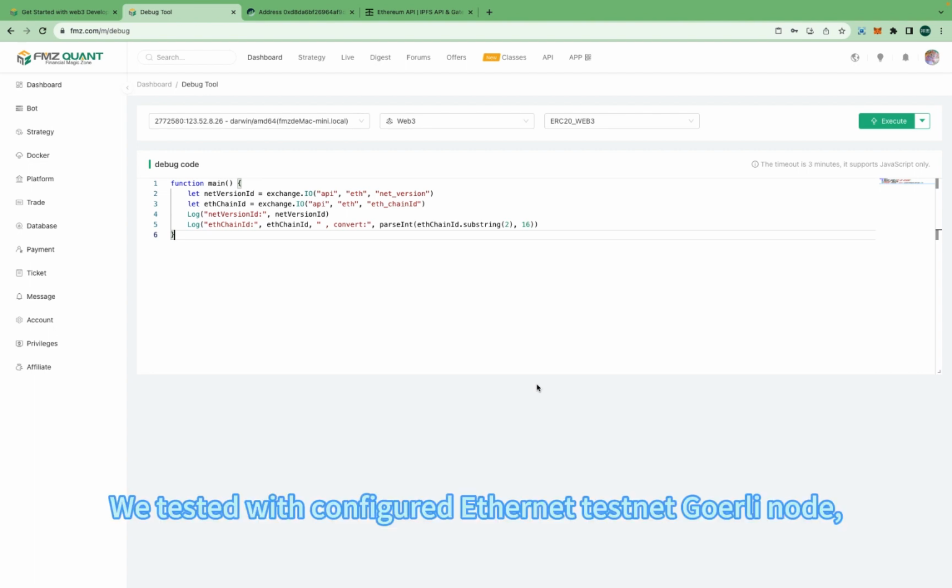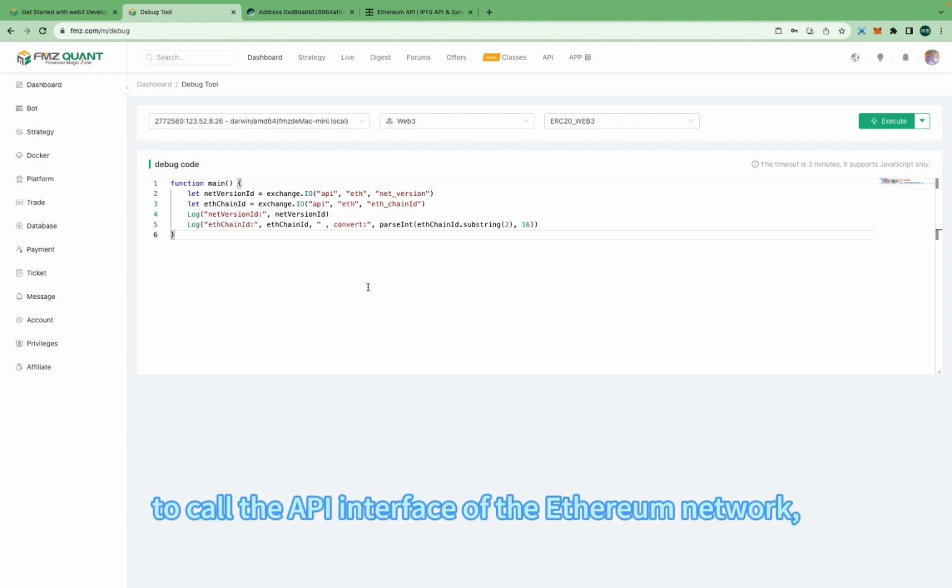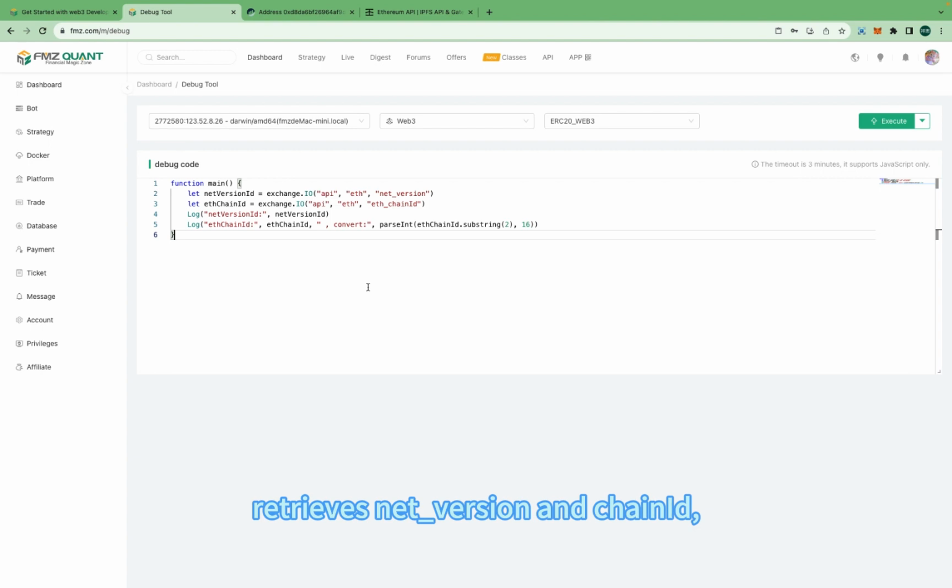We tested with the configured Ethereum testnet Goerli node. It uses the exchange.IO function to call the API interface of the Ethereum network, retrieves net version and chain ID, and uses log to print them to the console.